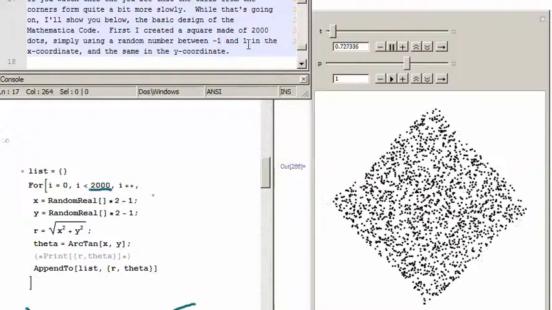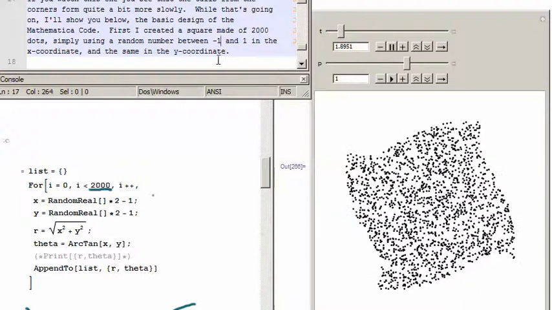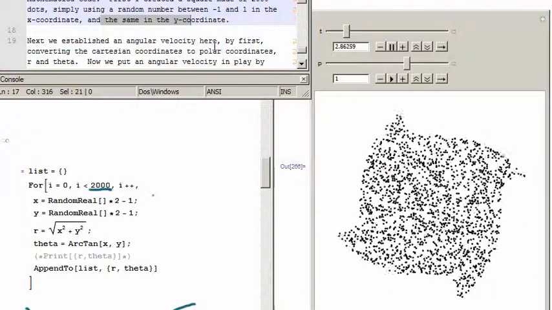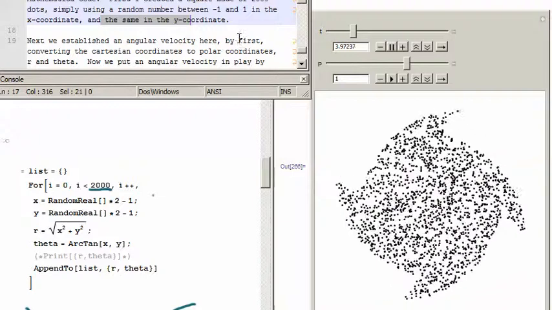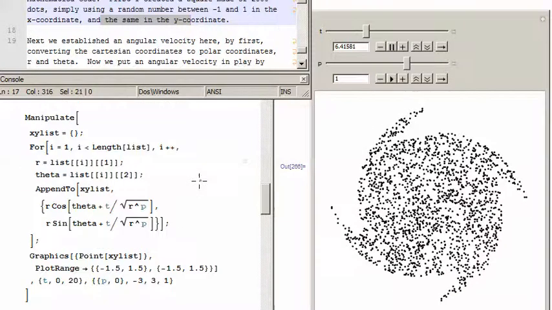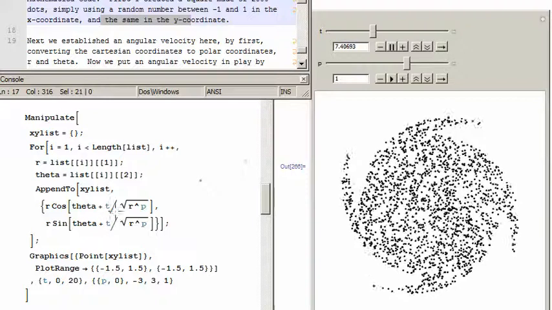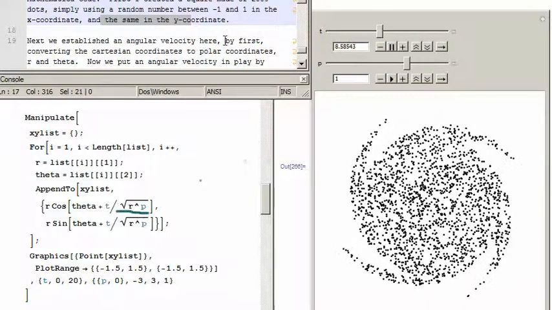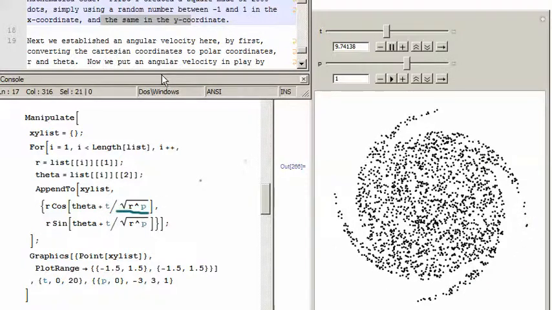So that gives us a random number between -1 and 1 in the x-coordinate and the same in the y-coordinate. That forms the initial square.